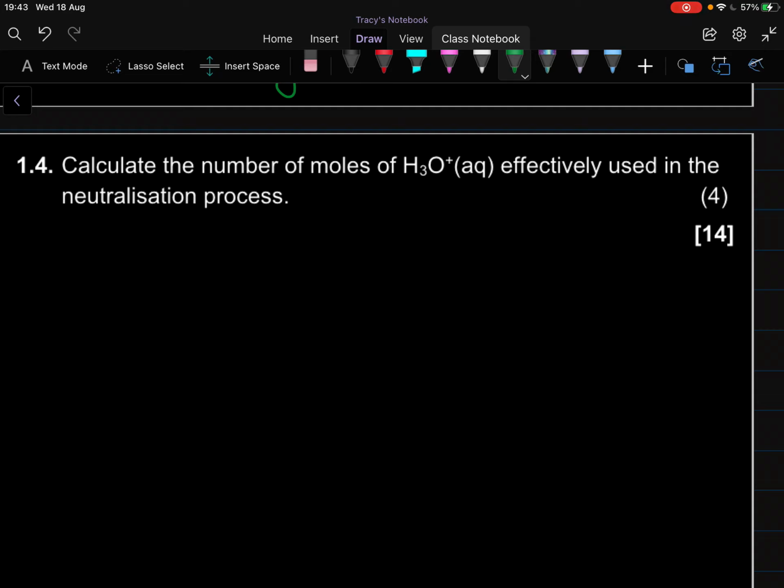Now they say, calculate the number of moles of H3O plus, okay, this is acid-base, effectively used in the neutralization process. What we need to remember in the neutralization process is when we neutralize this, okay, the number of moles of OH minus must be equal to the number of moles of H3O plus.